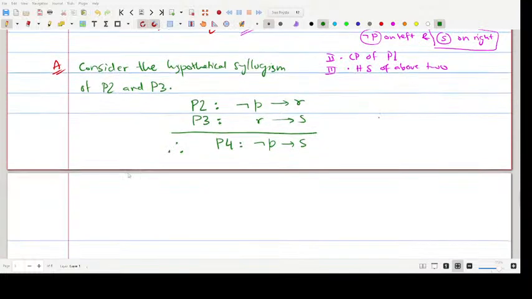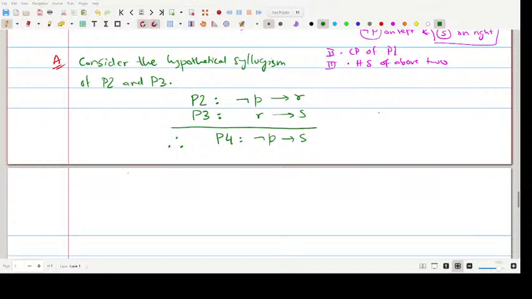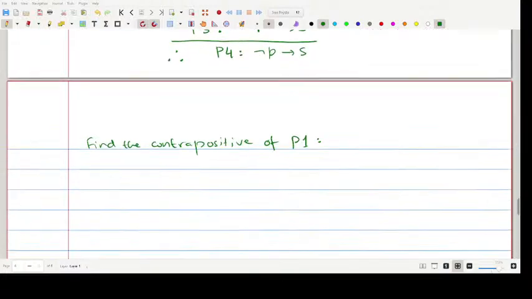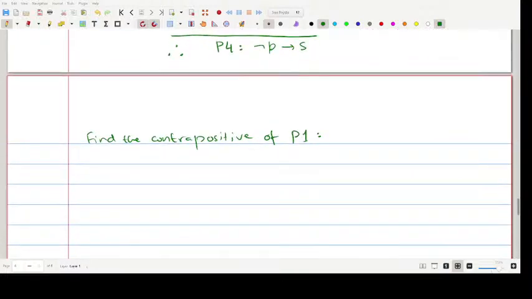Next step is to take the contrapositive. Find the contrapositive of P1. Let's just say that this is P5, we are just naming it P5.